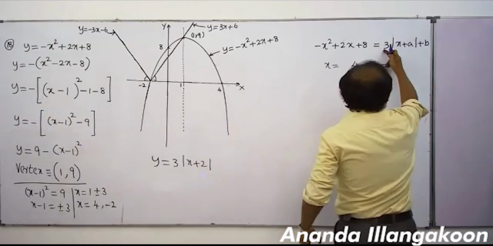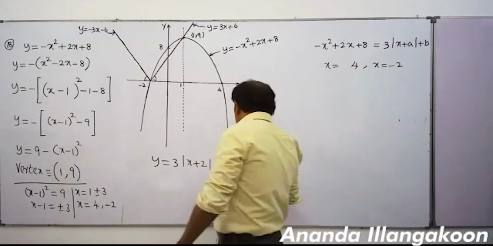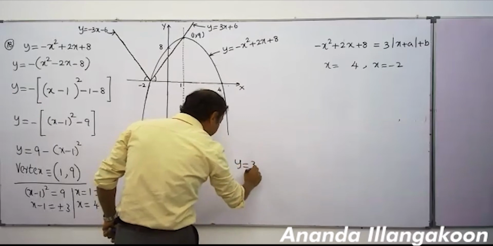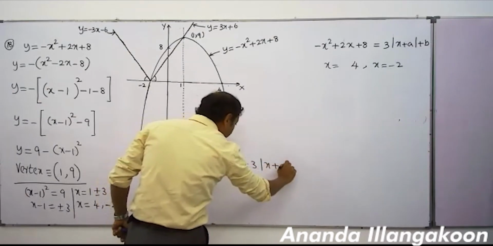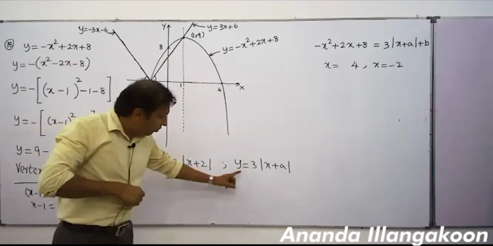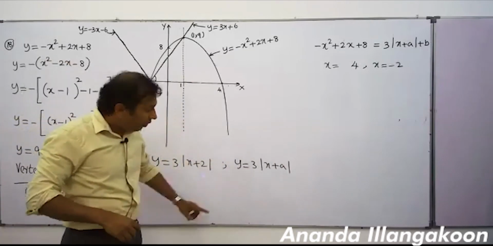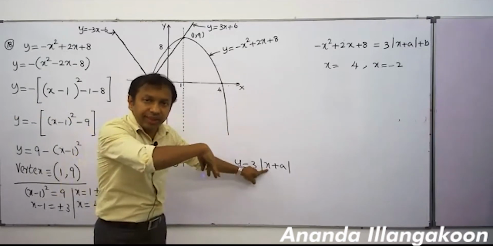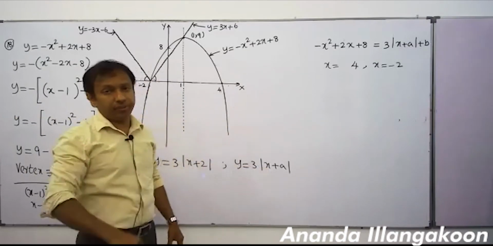When we draw y equals 3 times mod x plus A, the gradient on the right hand side and the left hand side is still 3.